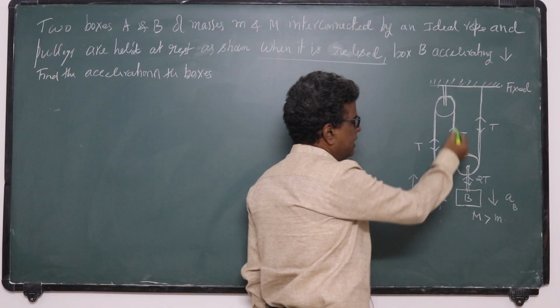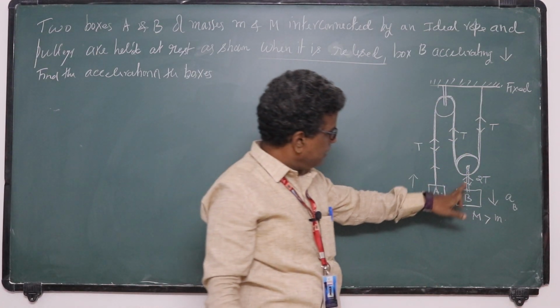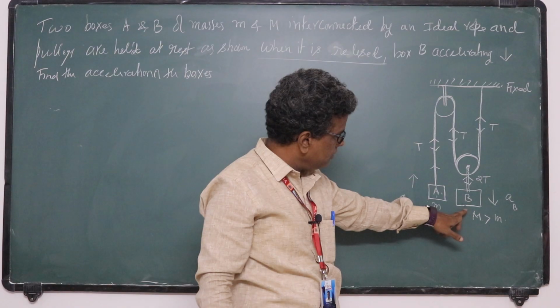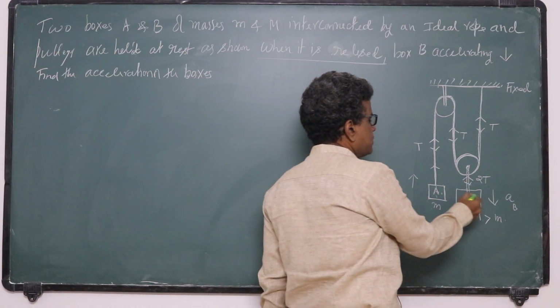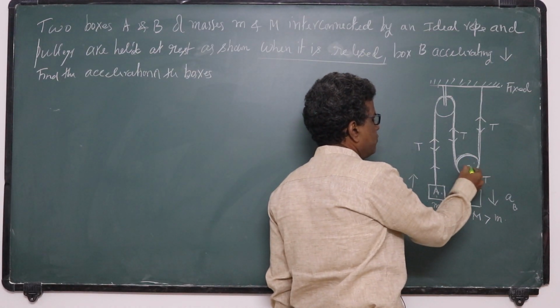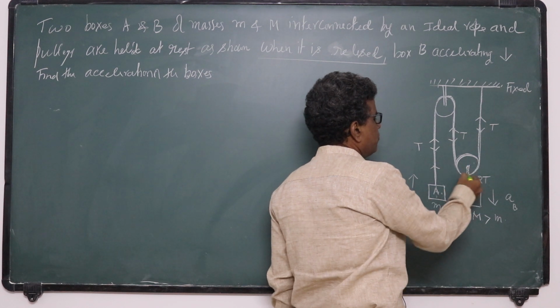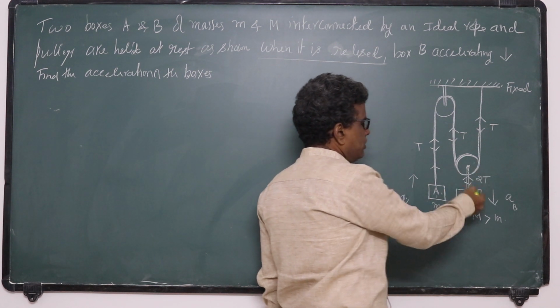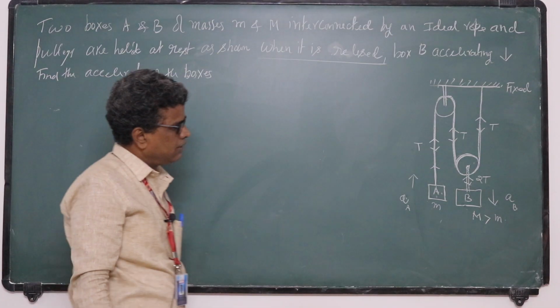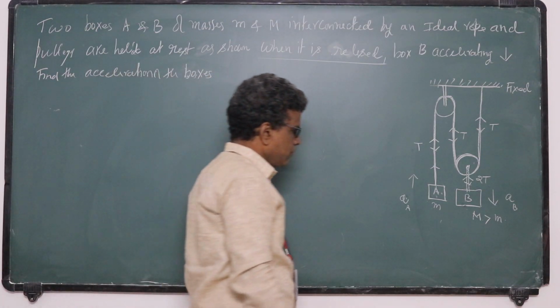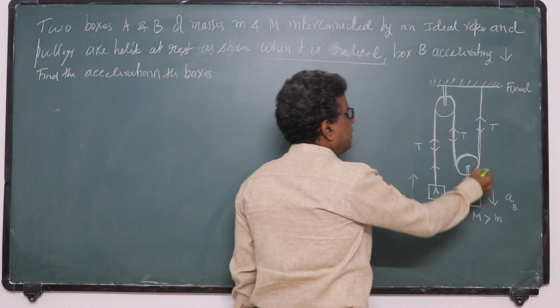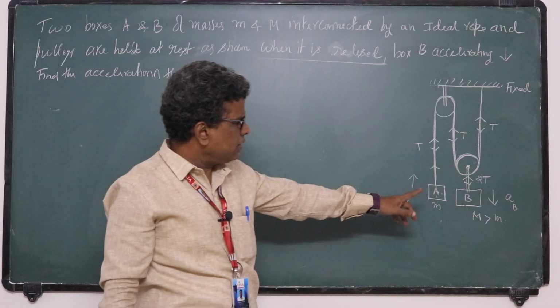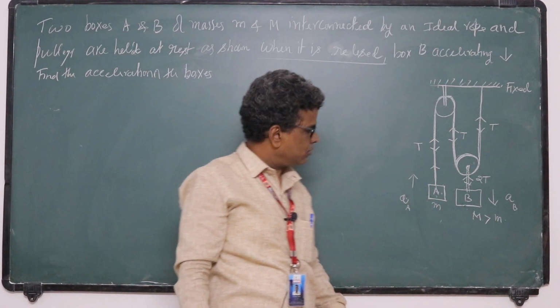So the tension will act upwards and it is a pulling force acting on this. So this box pulls this pulley with a force 2T. This pulley pulls this one with a 2T from Newton's third law. So here internal force is tension and external force is gravitational force.